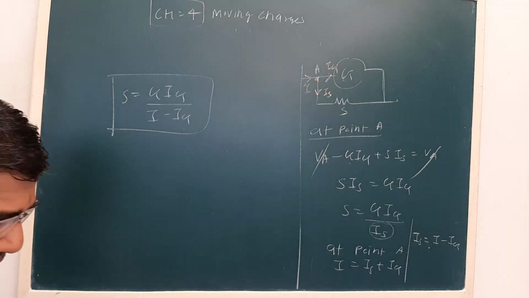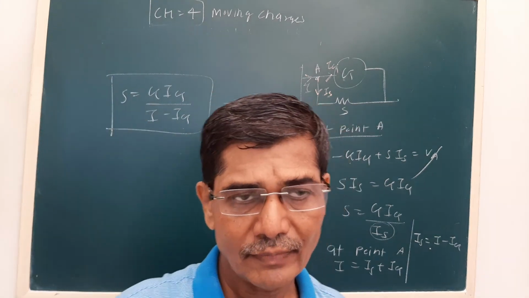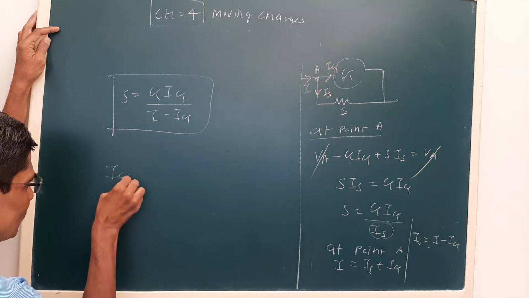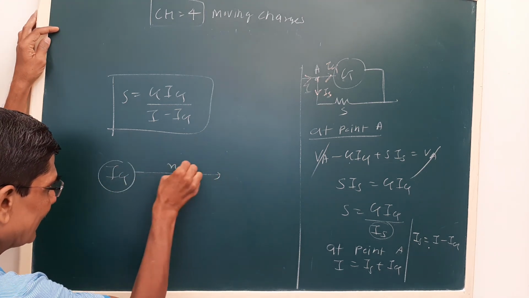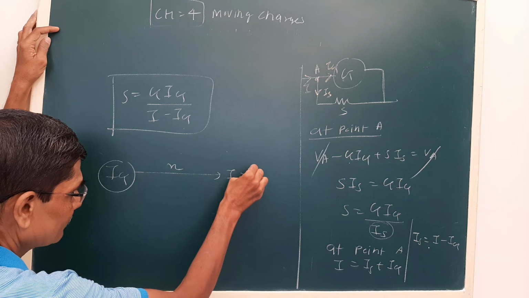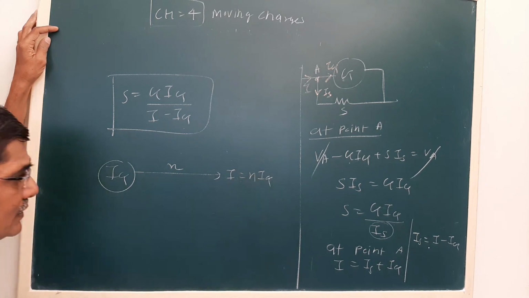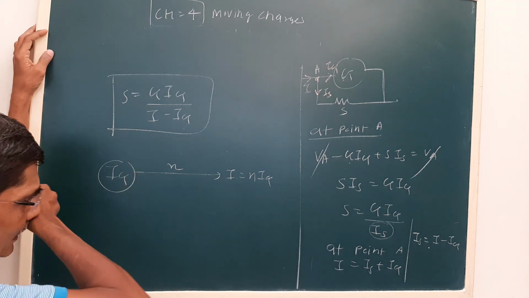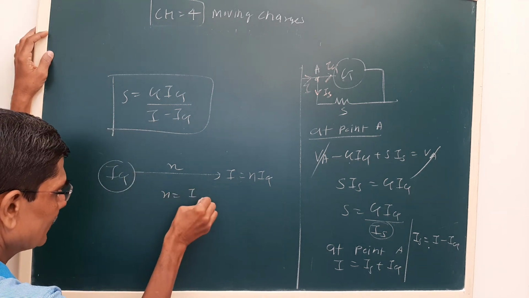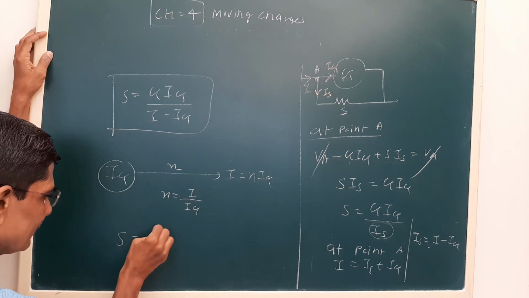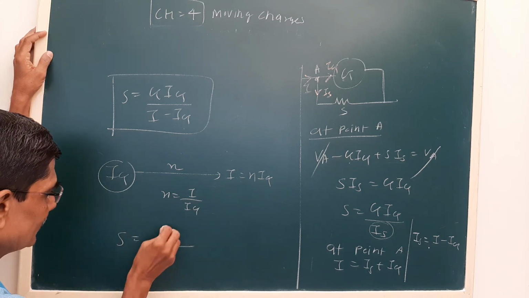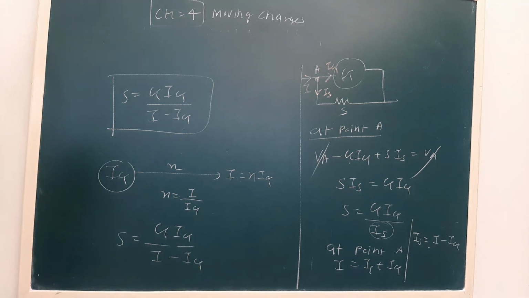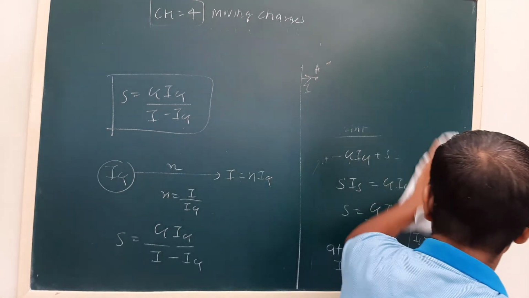Now this is the value of the shunt. Now in terms of range of the galvanometer, let us say the galvanometer range was Ig. We increase it by n times, so it becomes n times Ig. So what is the equation? I is equal to n Ig, or we can say n is equal to I upon Ig. Now see our equation, S is equal to G Ig upon I minus Ig. Both numerator and denominator I divide by Ig.